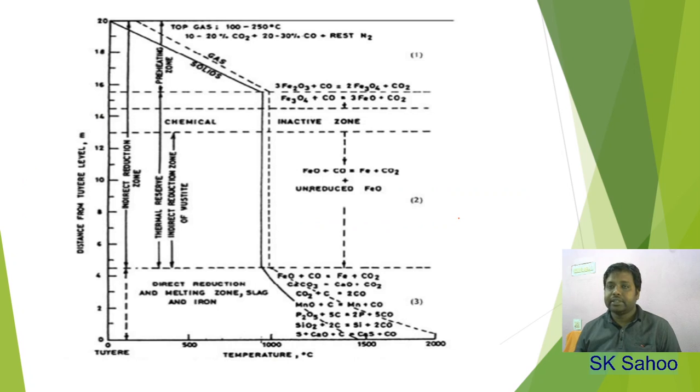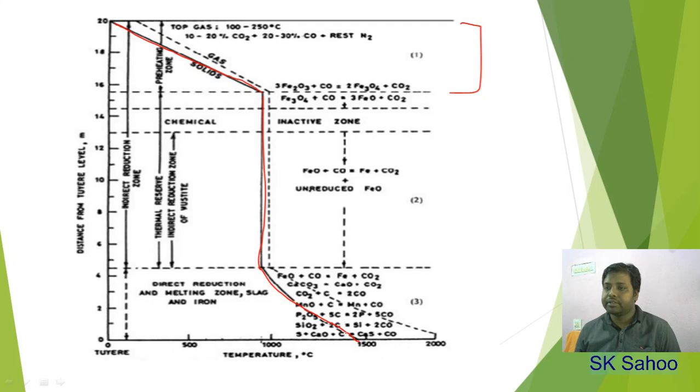So this is the figure we have seen in our previous class. The top part is called your upper zone, where the temperature is low and increasing.